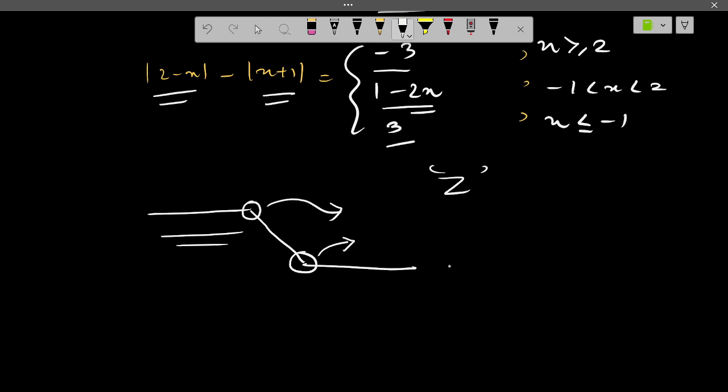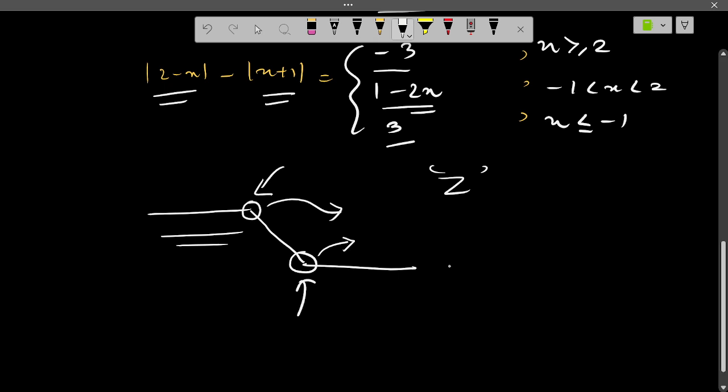That is the theory of continuity. So is it continuous everywhere? Yes. Is it differentiable everywhere? No. At this point it is not differentiable, and at this point it is not differentiable.